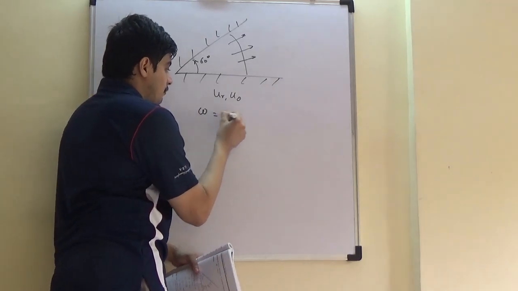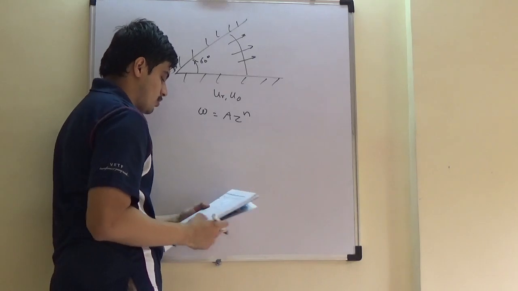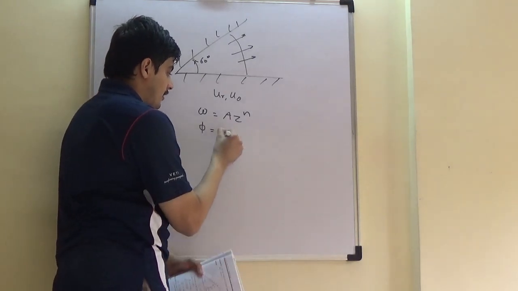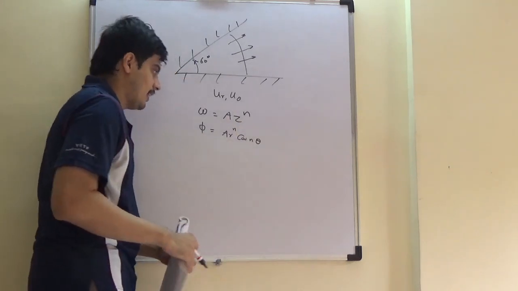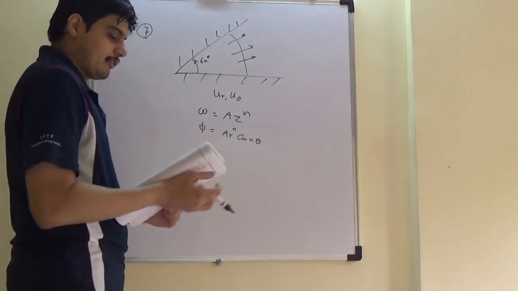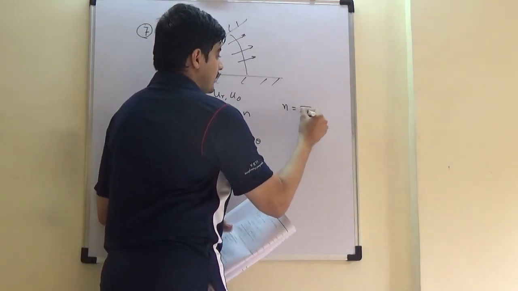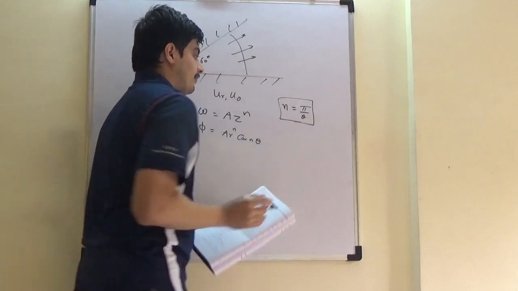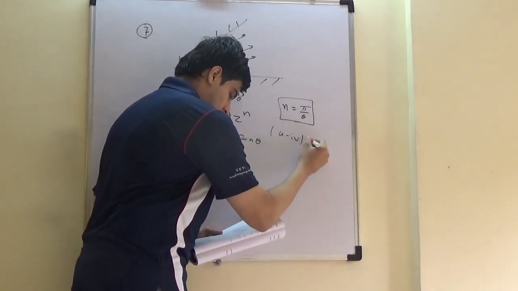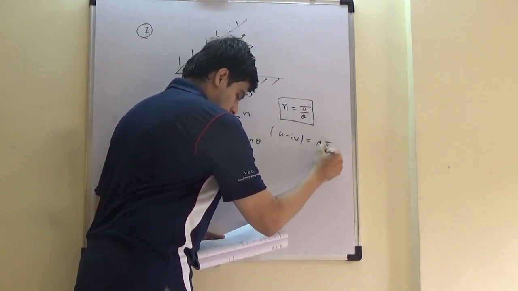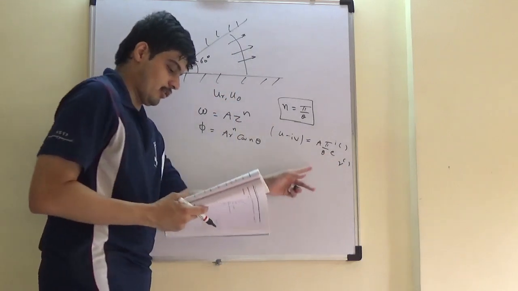We used complex component analysis where omega was A z raised to n and phi was A r raised to n cos n theta. Correct? These components got derived from complex velocity components where n is pi by theta, and you had the u minus iv modulus component, which is A pi by theta e raised to i into r raised to the component. Right?